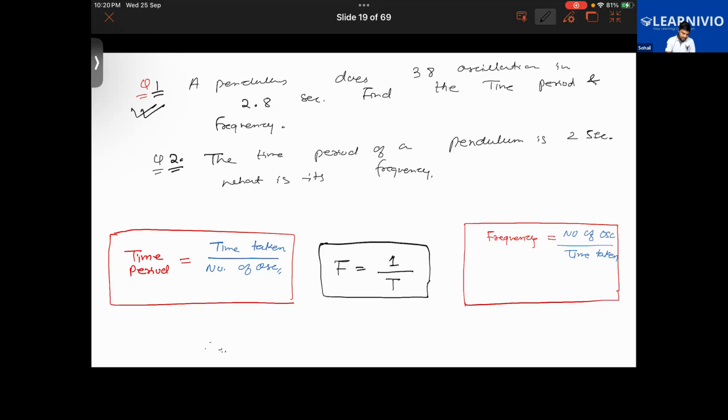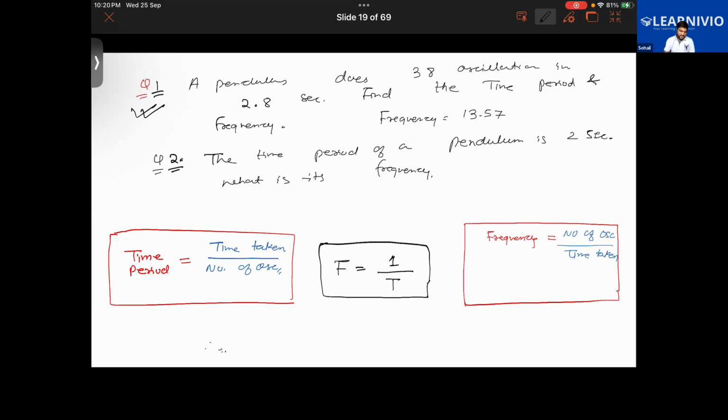Getting it? Frequency here is 13.57. Now it is very easy to calculate the time period once you have calculated frequency. You simply have to invert it, because we know frequency equals 1 upon time period.